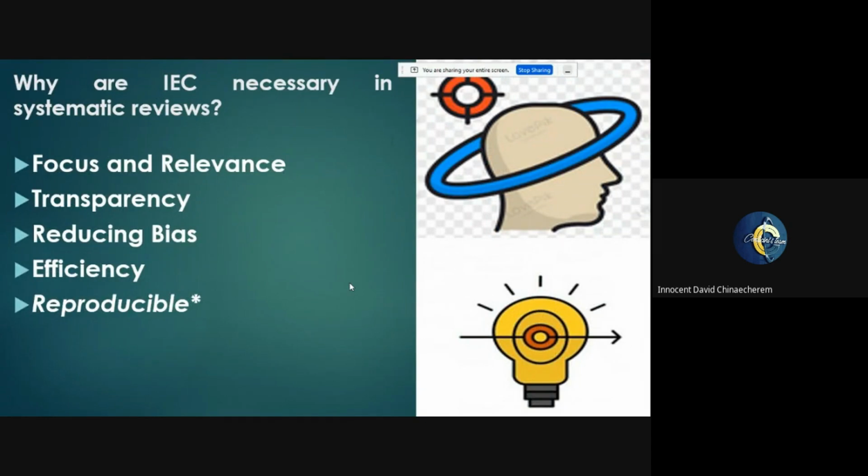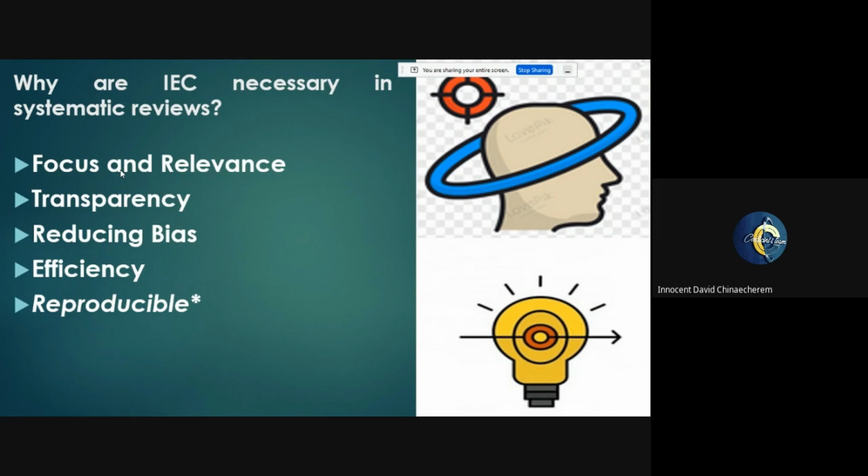So now the question is, why are inclusion and exclusion criteria necessary? What makes it imperative in our systematic review process? Why do we need to perform our inclusion and exclusion criteria? One of the reasons is focus, right? And relevance. Our inclusion and exclusion criteria make sure that our research question is well focused and quite relevant.